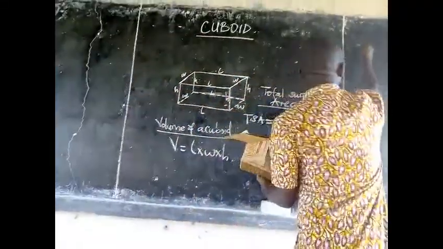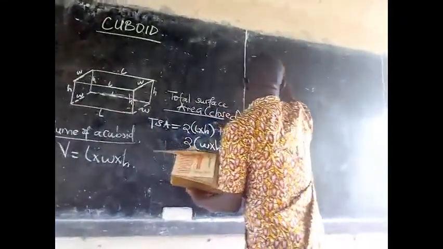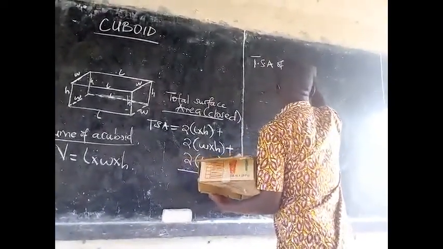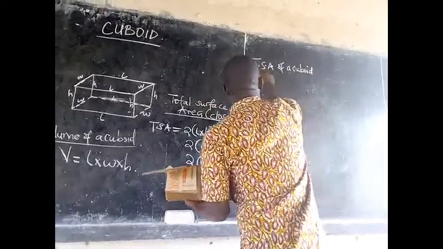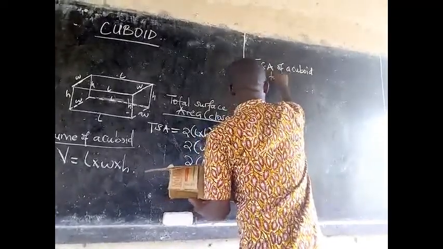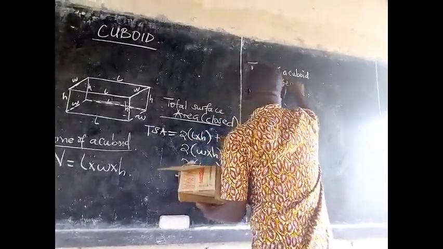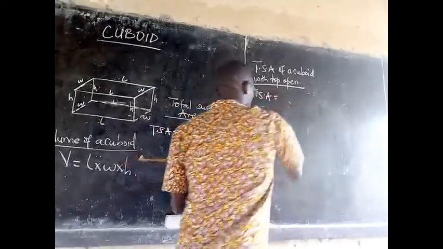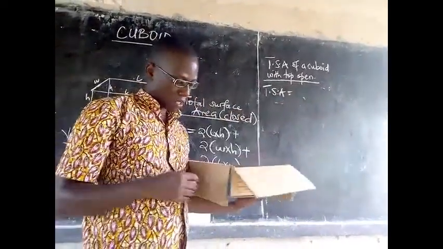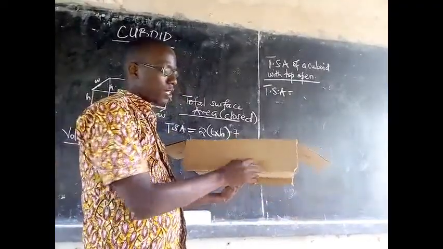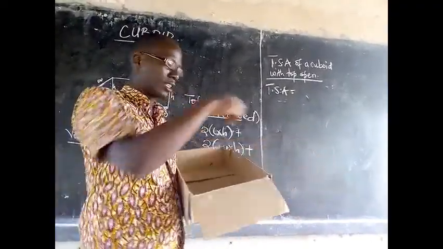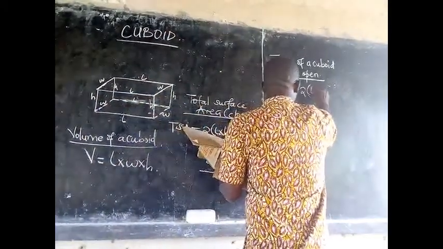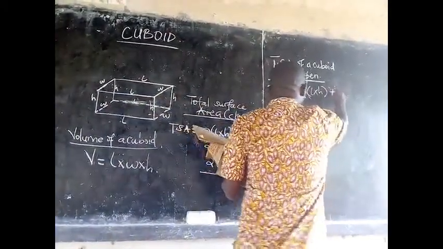So you're now going to find total surface area of a cuboid with the top open. So I say total surface area will be, the first one will be this one, length times height, but this one the same as this, so meaning there are 2, so it will be 2 into length times height plus.